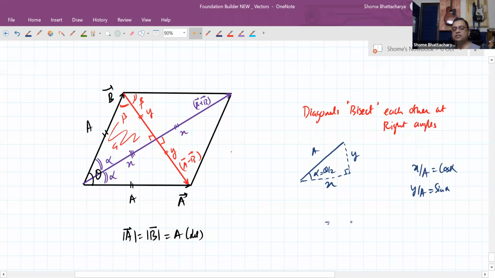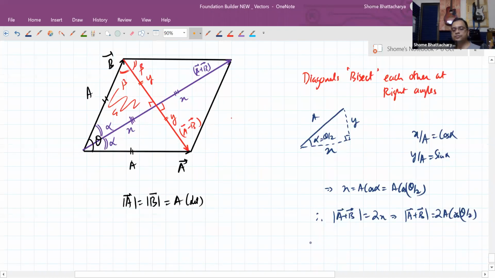So x is equal to a cos alpha, that is a cos theta by 2. So therefore magnitude of a plus b, which is this full diagonal, is 2x. So in other words, magnitude of a plus b is 2a cos theta by 2.